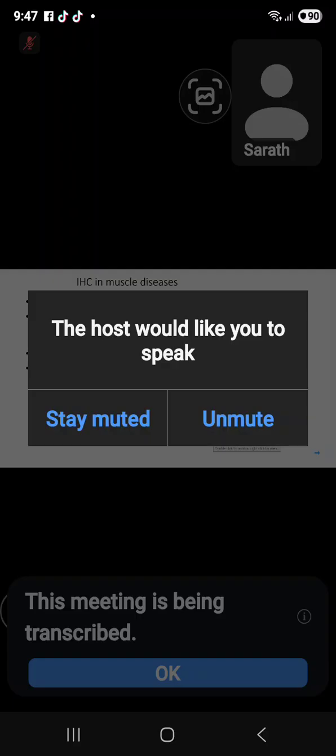Second, sarcoglycanopathy, a deficiency of any of the sarcoglycan proteins. Third, merosin deficiency, autosomal recessive, due to a mutation in the alpha-2 laminin gene on chromosome 6. If you can name these four diseases, it will be enough. These are the muscular diseases.